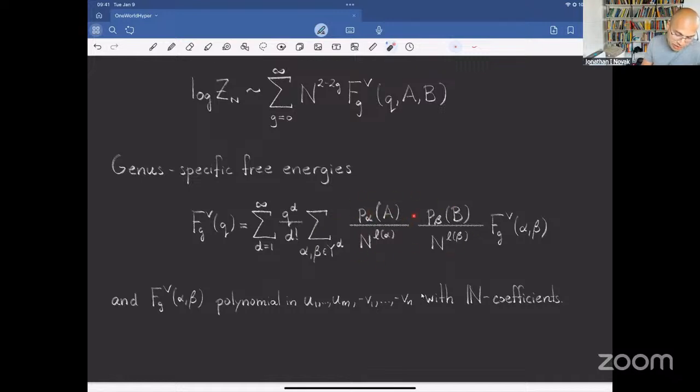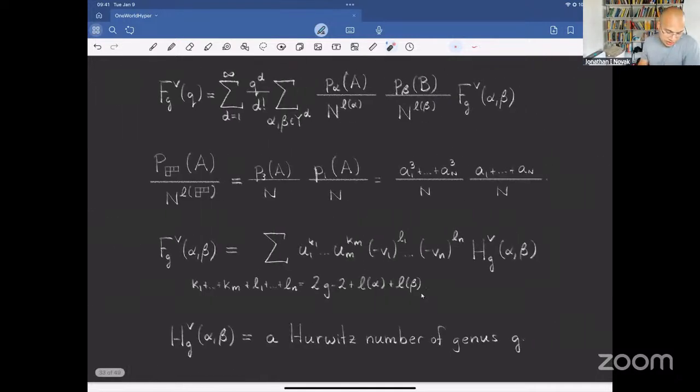So P alpha and P beta are power sum symmetric functions with some coefficients which should have some enumerative meaning, some numerical coefficients which are somehow related to combinatorial topology. And so at least you can guess that this is what should happen.